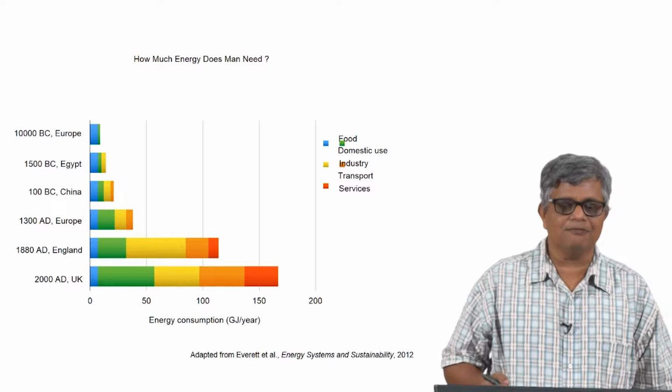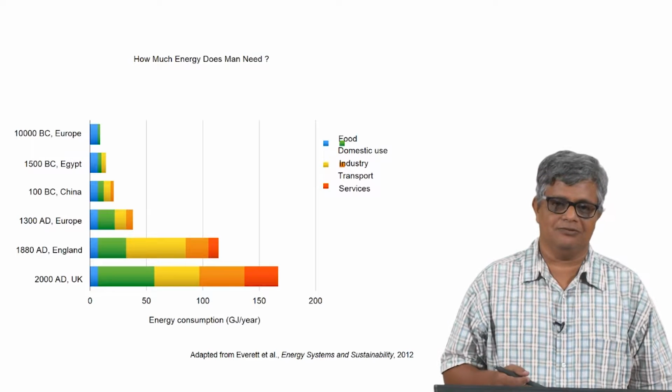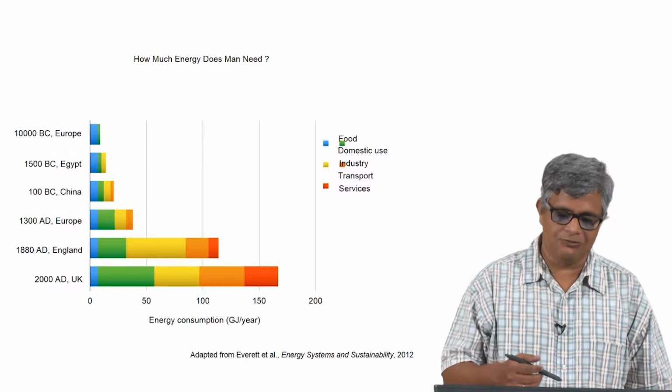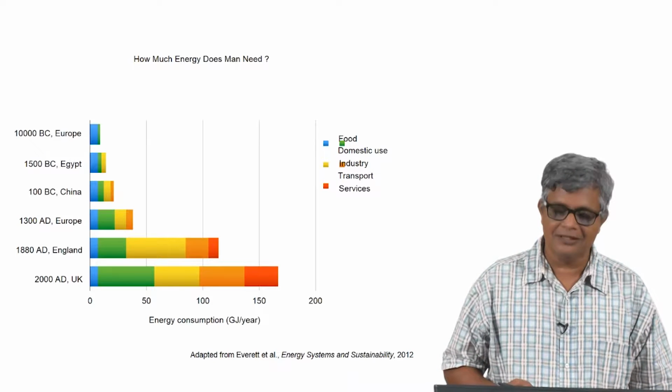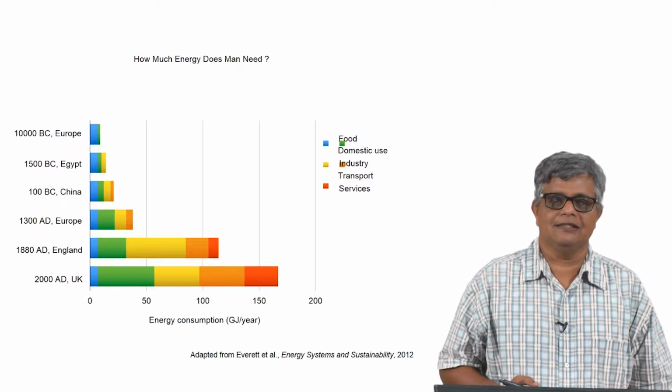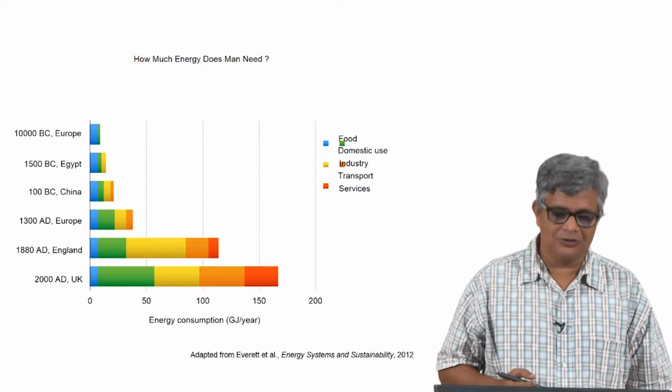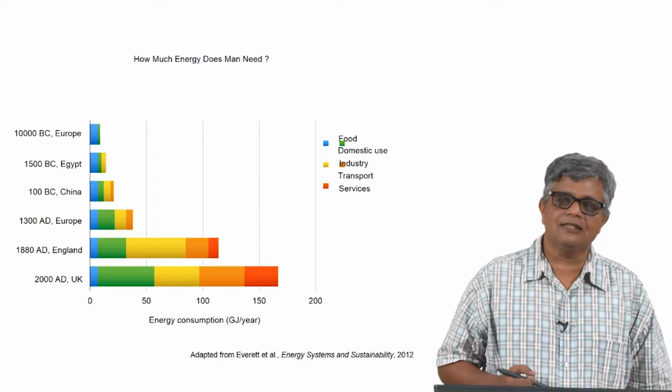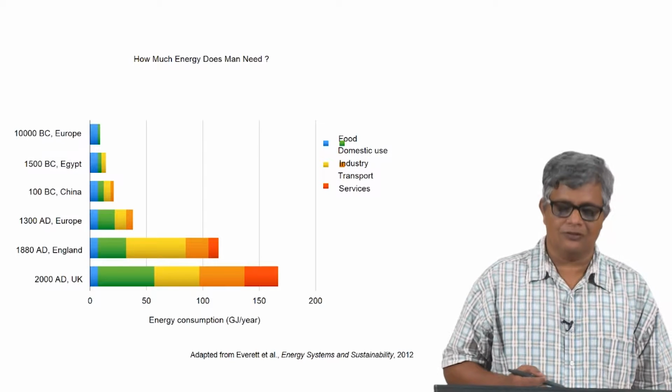Okay. But other parts which support human life as we see it and as we have evolved over this particular period have undergone drastic changes, and this has called for a vastly different amount of energy over this period.